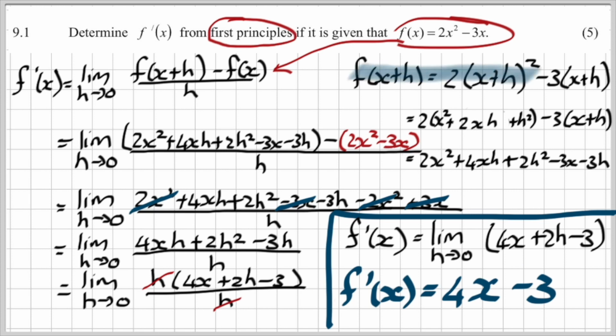They first of all make mistakes with f of x plus h, replacing every x with x plus h. Secondly, they forget that there's an f accent x on the left-hand side. They put zeros there, or I don't know what other things they put there, but they forget that.